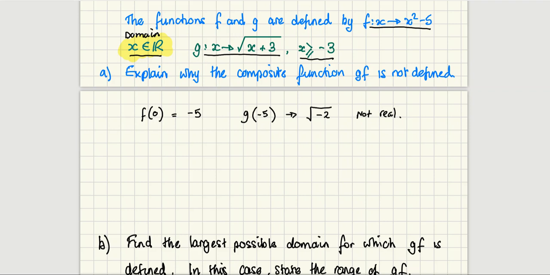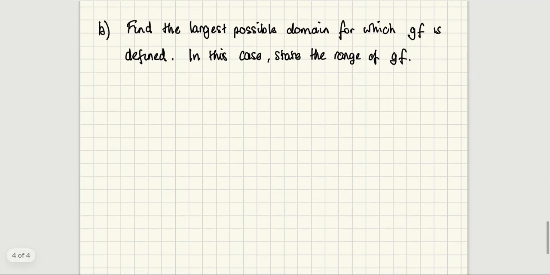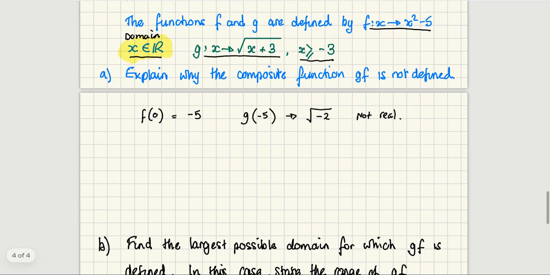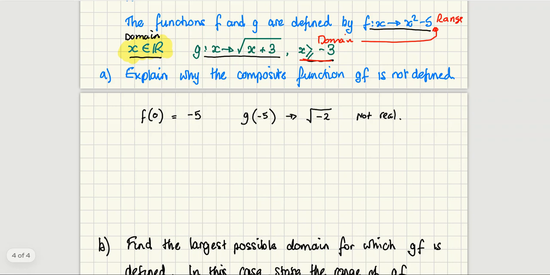As Luke said, basically, if you look at the function there, the initial function is x squared minus 5. The domain of g of x is this. So what we're saying is the domain needs to be the range of this one, doesn't it?